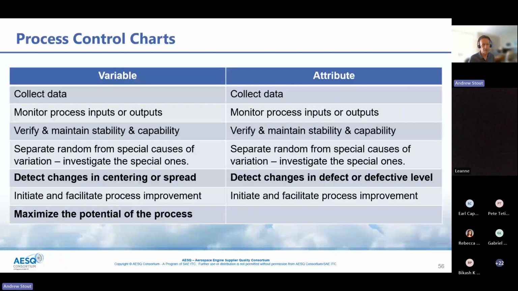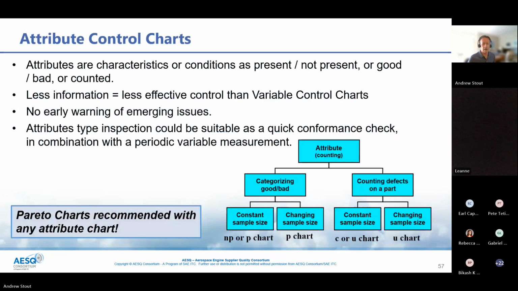On the left, you also have the advantage under variable control charts to maximize the potential of the process, which Pete demonstrated. For attribute control charts, there's a number of different charts you may be familiar with, depending on what you're counting.